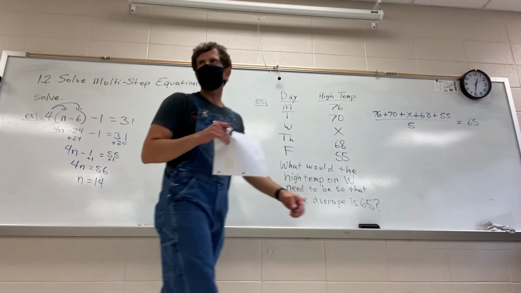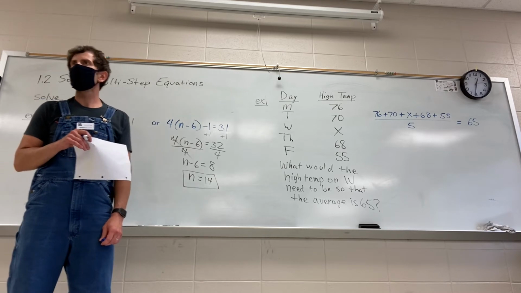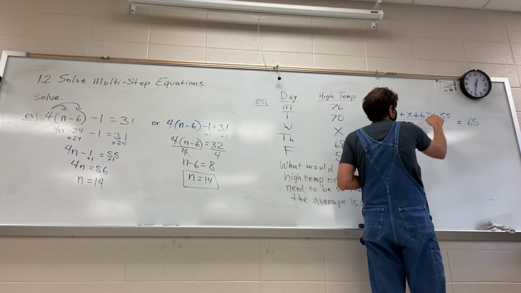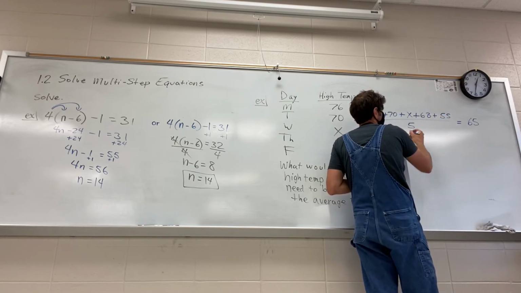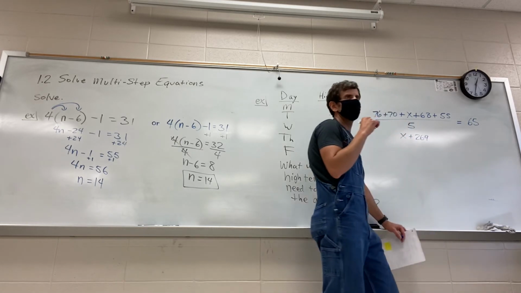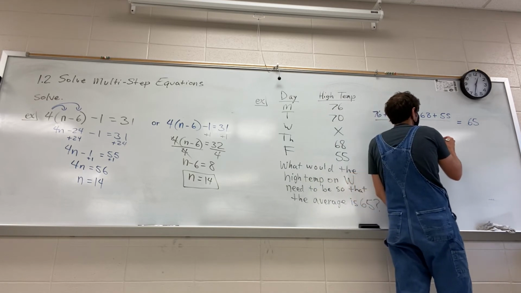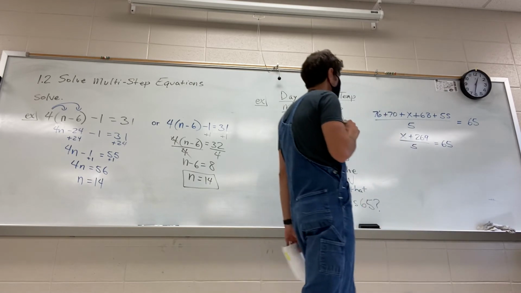How would you go about solving it? Add up all those. What did you get when you added up the 76, 70, 68, 55? 269. Anybody else get that? And it's all divisible by 5. What would you suggest we do next?